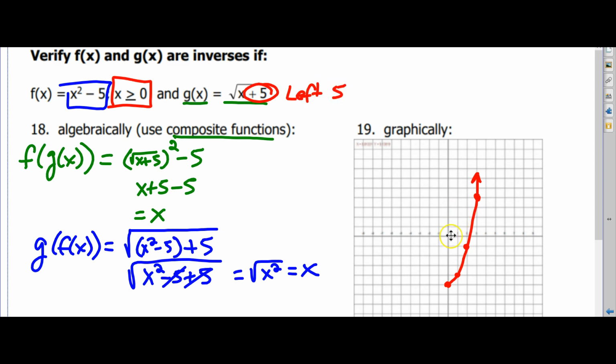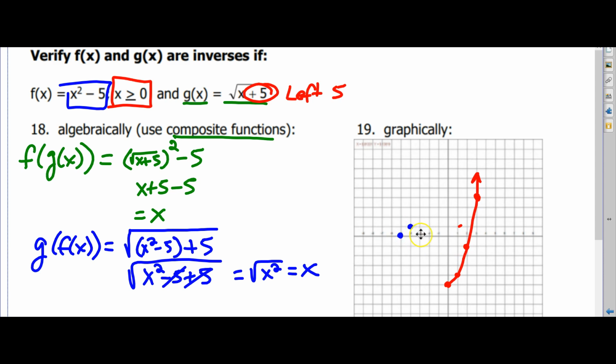And then we know that the original square root of x goes through like this, but I'm going to shift it to the left 5. 1, 2, 3, 4, 5. I'm going to change color too. 1, 2, 3, 4, 5. Right there is where it starts. And we're going to pretend like that's the origin. I would say the square root of 0 is 0. Square root of 1 is 1.